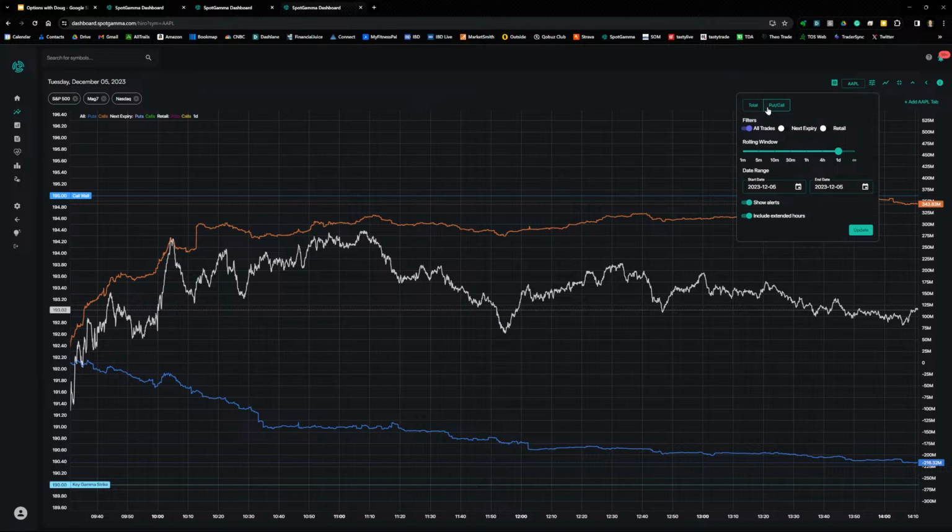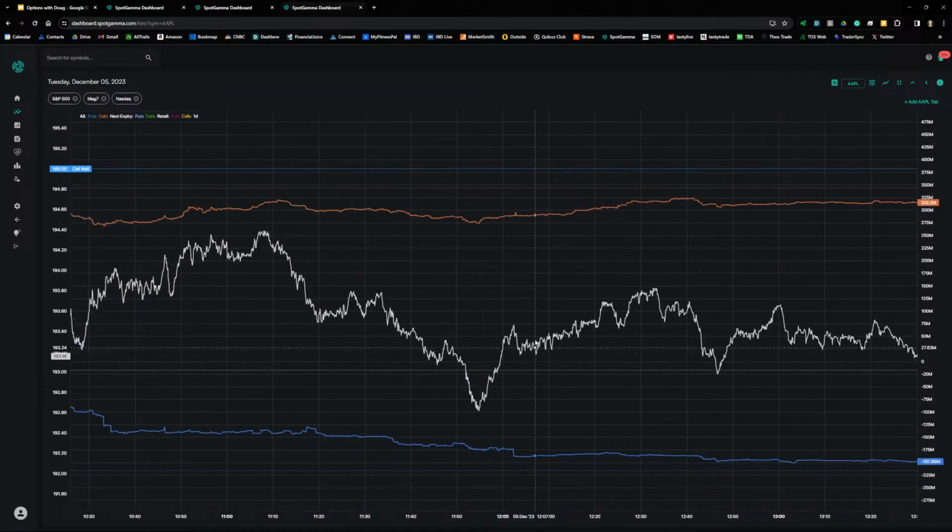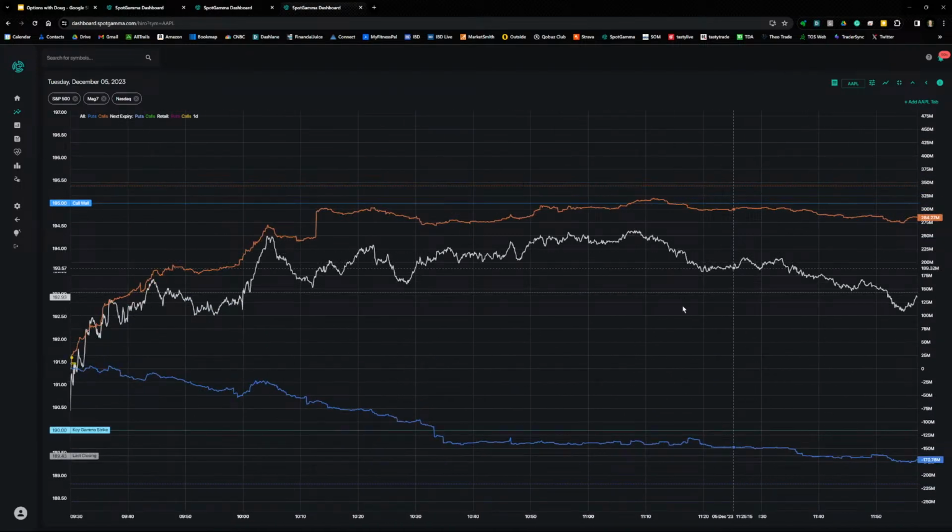And traders were buying calls. That's shown by the rising orange line. When traders buy calls, market makers sell the calls, and they have to buy stock to hedge their delta exposure.